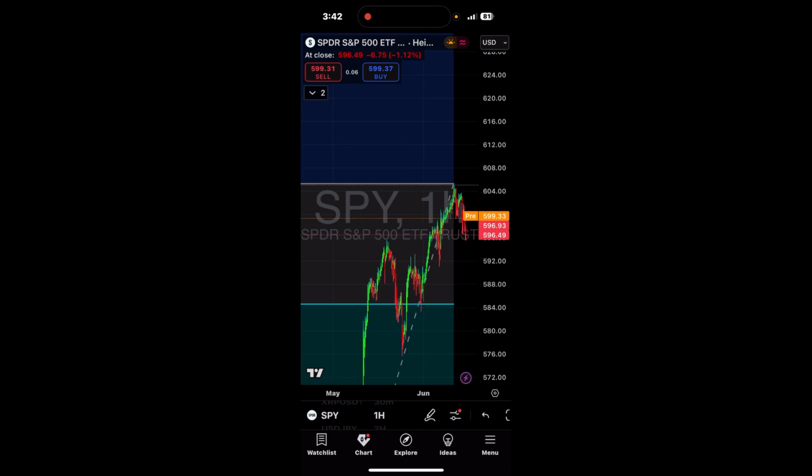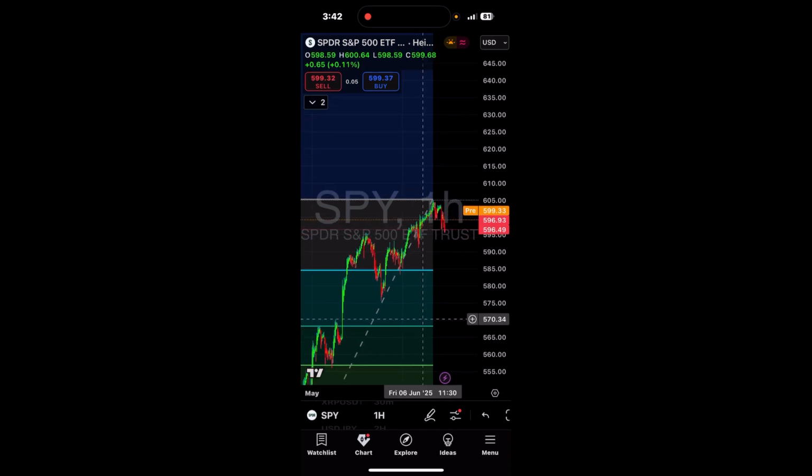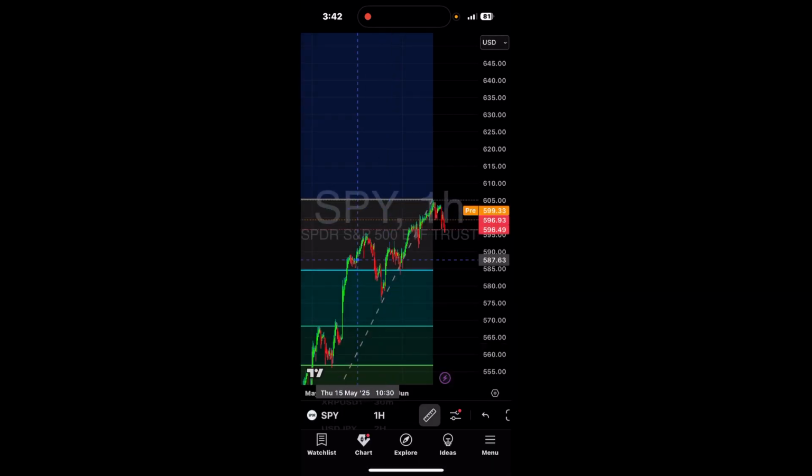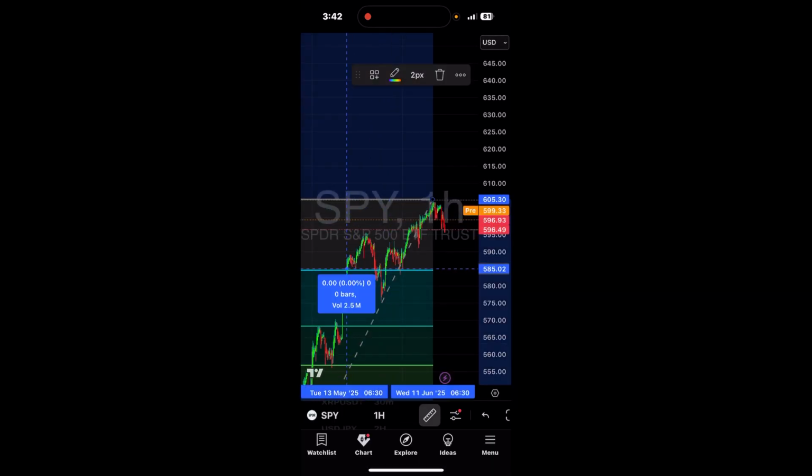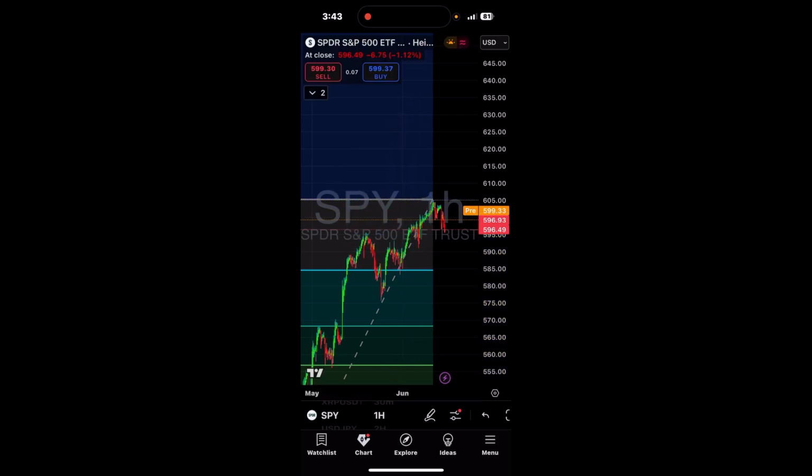So as we zoom out here, you'll notice that it's been ranging in this channel between 605 and 585 for about 30 days. So we know that it's ranging between these two numbers.